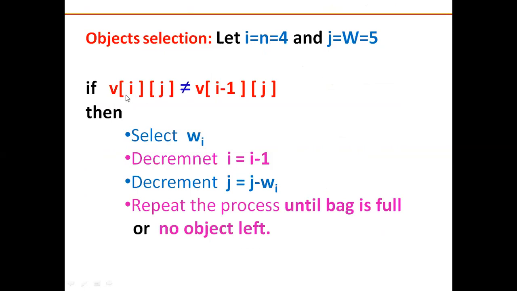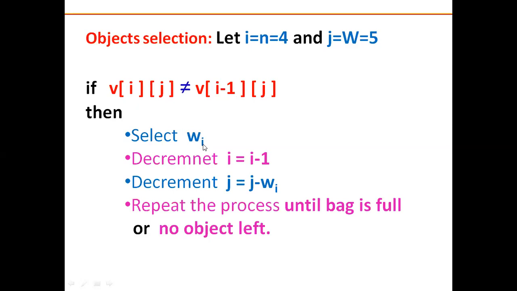Compare the value at the ith row, jth column with the previous row, same column, that is V of i, j should be compared with V of i minus 1, j. If they are not equal, then I need to select the object i. If they are equal, then there is no need to select any object.